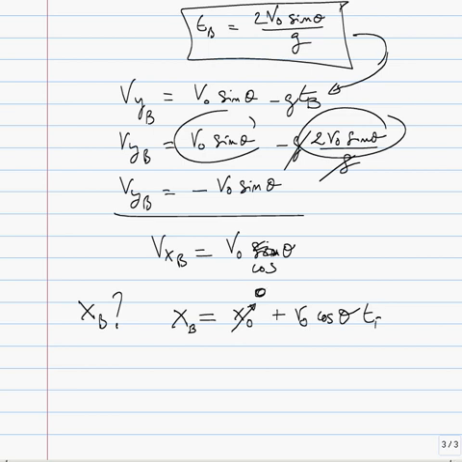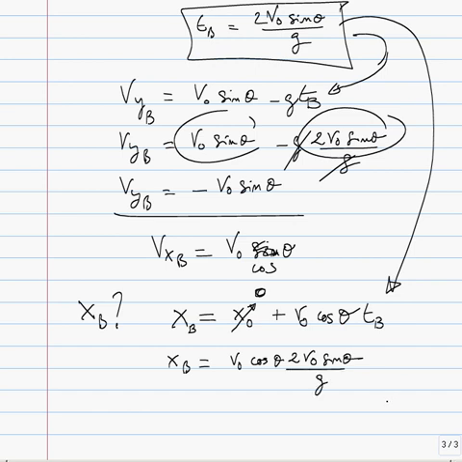And this t must become the time it took to reach B, which is that one. Let's substitute it. Let's see what comes up. xb is going to be equal to V naught cosine theta times 2 V naught sine theta divided by g. Can we cancel stuff? No, but we can reuse something and make it as pretty as before. Remember, 2 sine cosine will give me, and I'm going to combine the V naught and replace 2 sine cosine by sine 2 theta, divided by g.